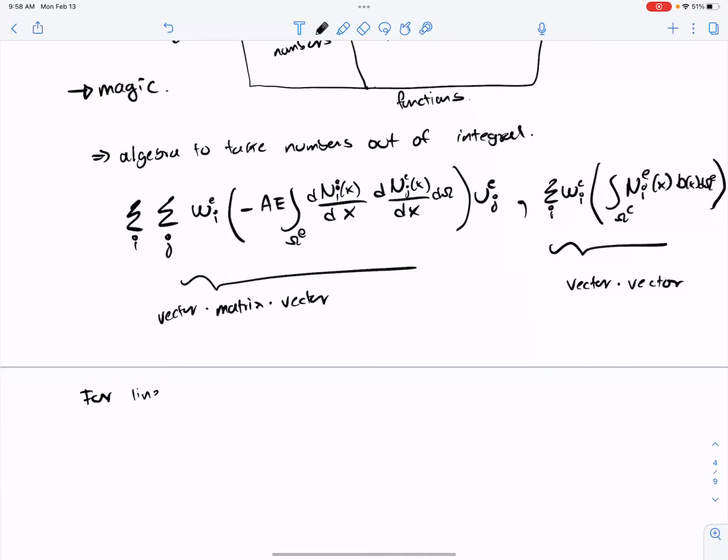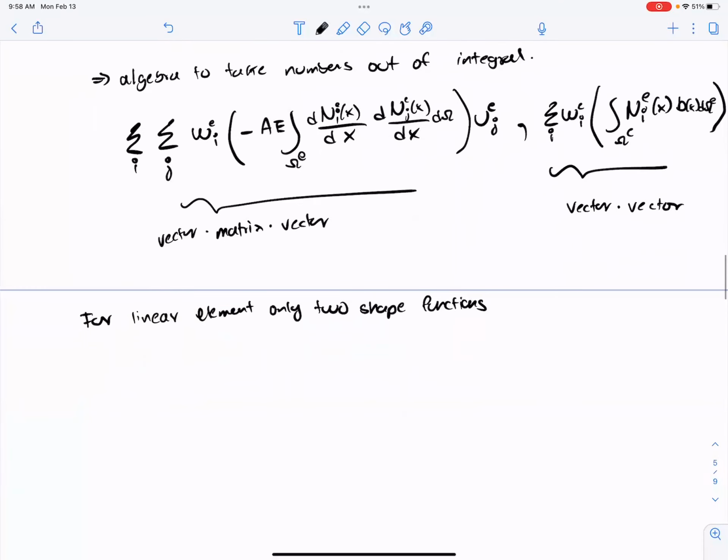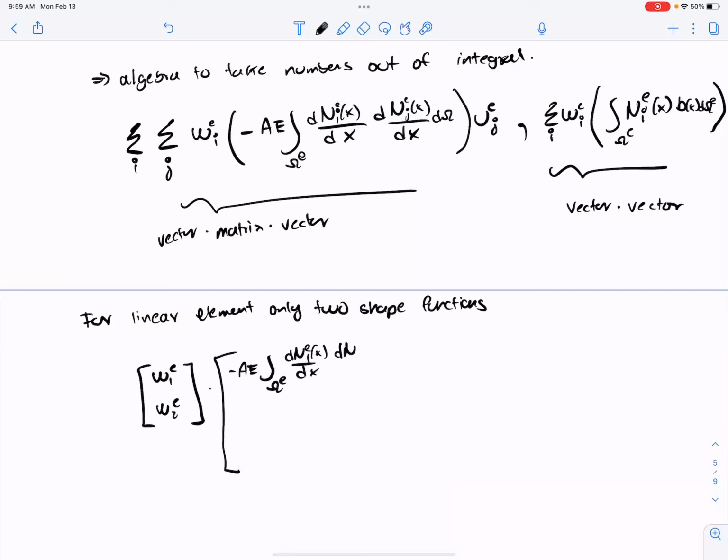And here, so for linear elements, for example, there's only two shape functions. So these I and J only go from 1 to 2. So what I end up with is W times this matrix, and the matrix is going to be, here is dn1 dx with dn1 dx.